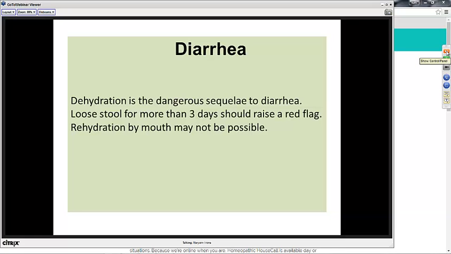You tend to have a feeling that you can't cope, and loss of consciousness, all that kind of thing. So if you've got a person that has a loss of fluids with diarrhea, you need to be really conscious of their mentation. And they may need to be fluid replaced.